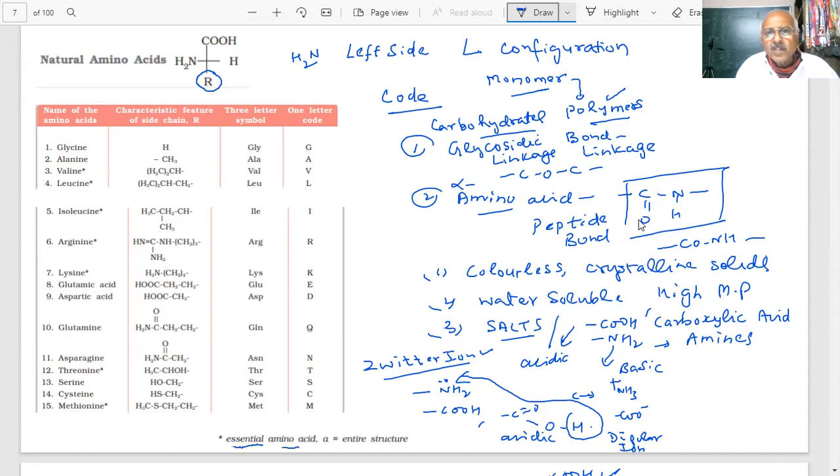So students, those which are essential amino acids are represented by a star in the table in the book. Clear? So you can learn at least one or two of them. Essential and non-essential has been asked in the paper. Okay?